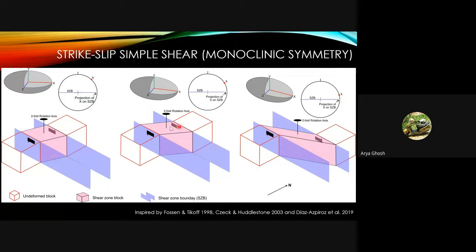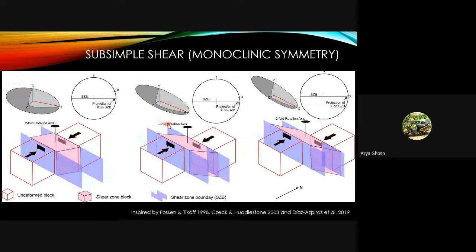Now we will have a look at subsimple shear, where the stretching is in the horizontal direction, meaning in the same direction as the simple shear. There is a component of pure shear also, but the stretching of the excess volume is restricted to this shear direction only. So in this case also, the maximum stretching direction will vary in space, but its projection will be on the same spot on the shear plane.